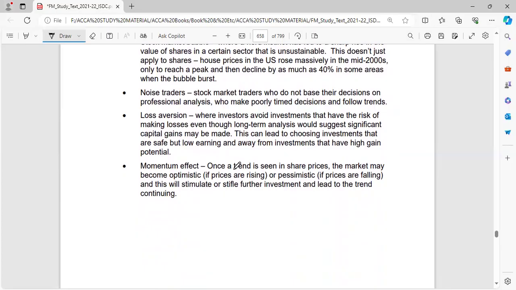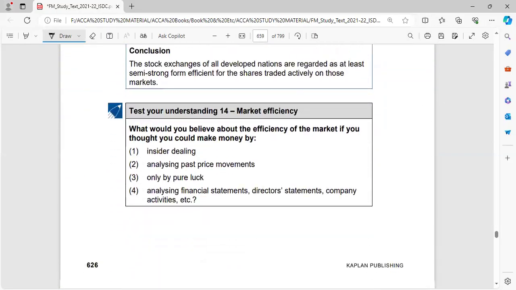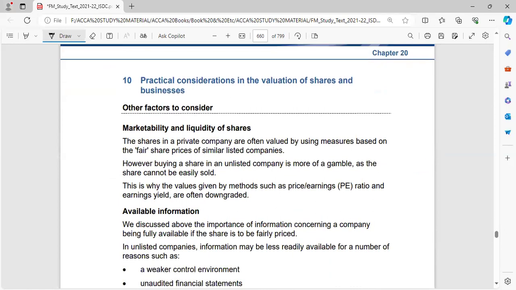Momentum effect is what? Once a trend is seen in the share price, the market may become optimistic or pessimistic, and this will stimulate or stifle further investment and lead to the trend continuing. So this is called behavioral finance.